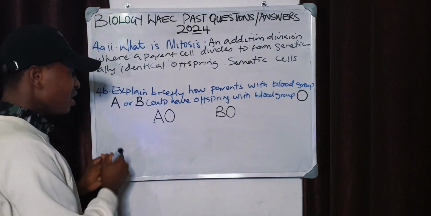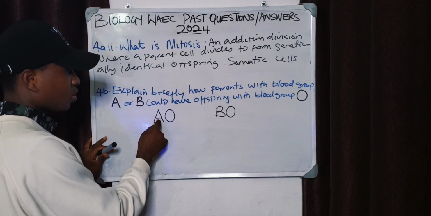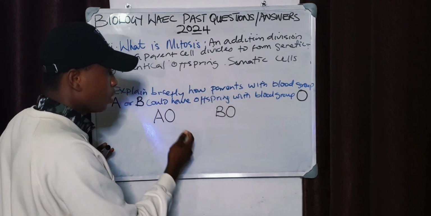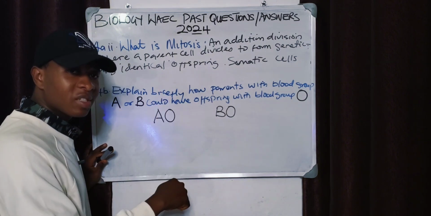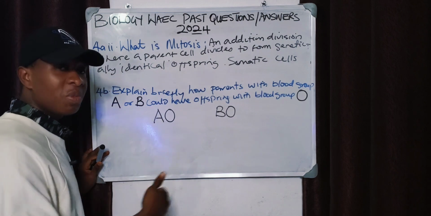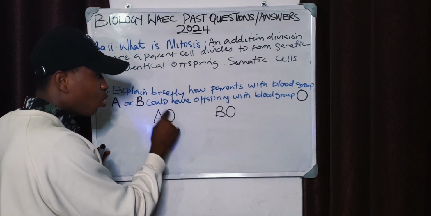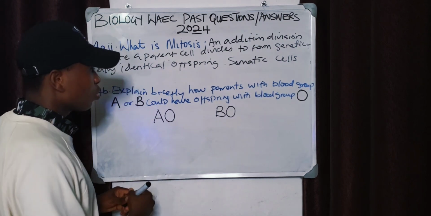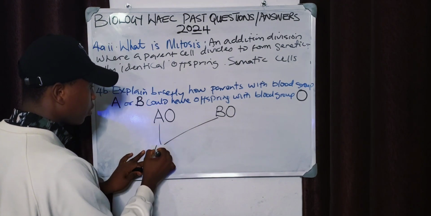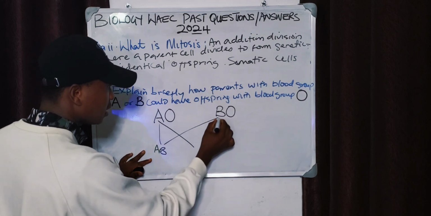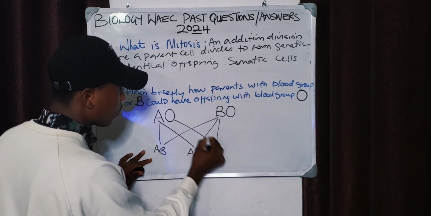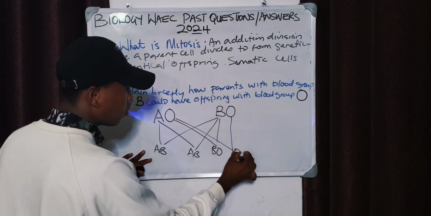Okay, so these are alleles. Now, this means that this man will appear as A, this woman will appear as B. This O will be suppressed. So this O is a recessive allele. This A is a dominant allele. So this will always dominate O. So since O is a recessive gene, if you cross them, you would have AB, BO, and this is where the child will come from.